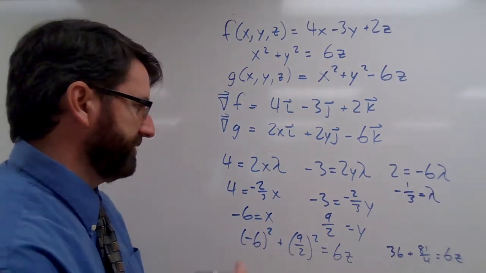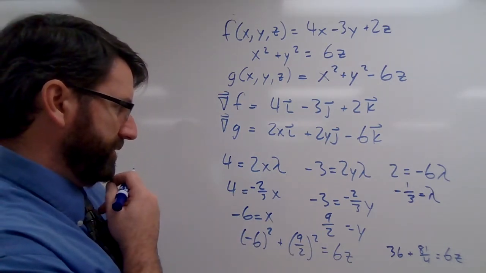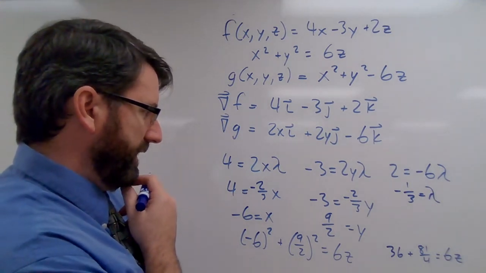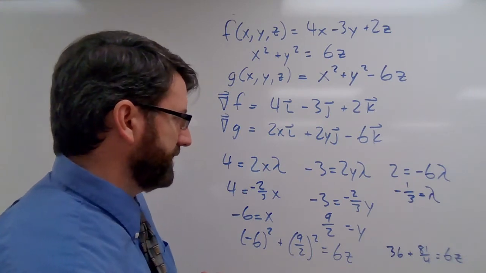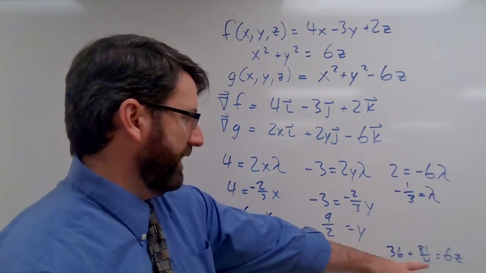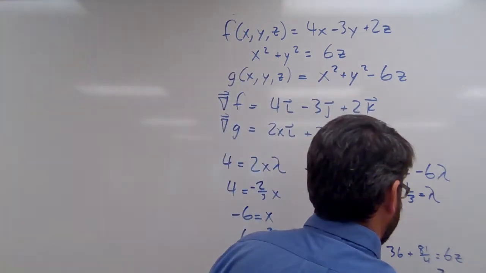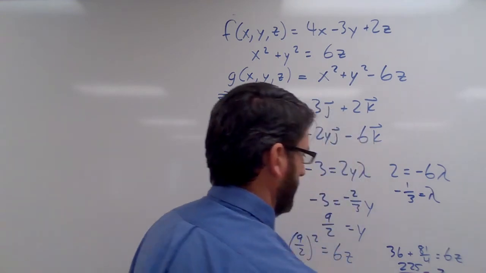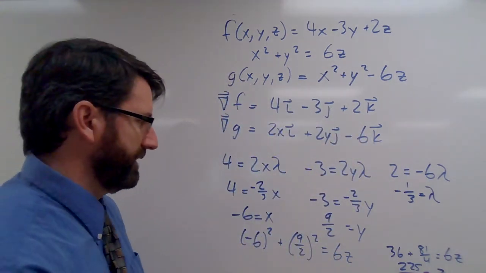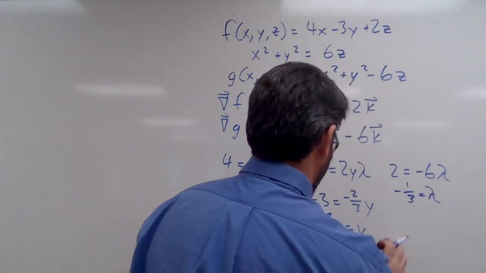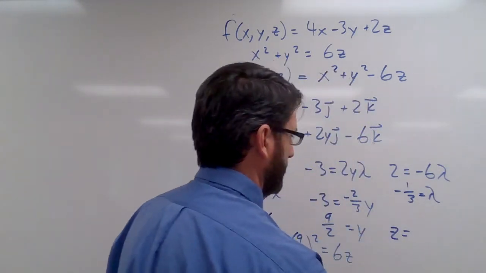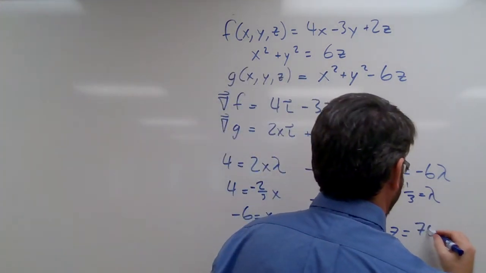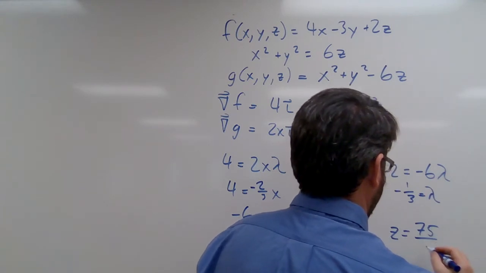So 36 times 4 is 144, plus 81 is 225 over 4, and then divide by 6, we're going to get that z is equal to 225 divided by 24. Let me write that up here. z is equal to 225 divided by 24, which can simplify to 75 over 8.